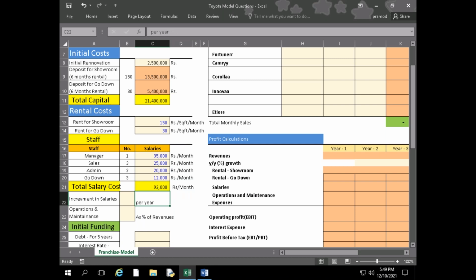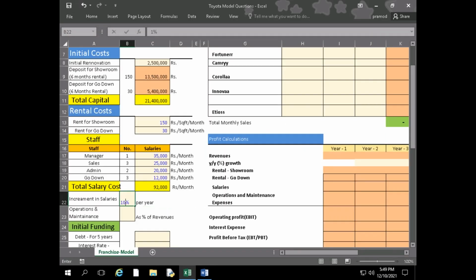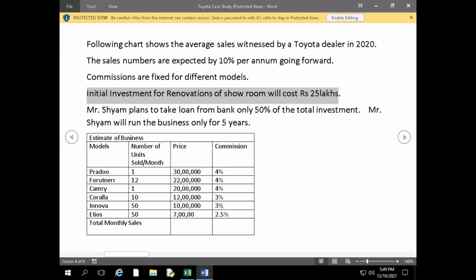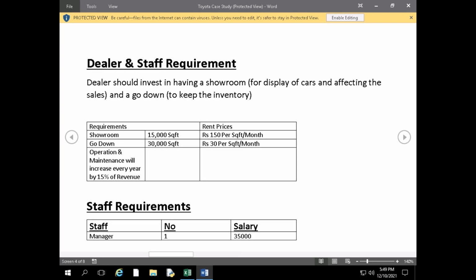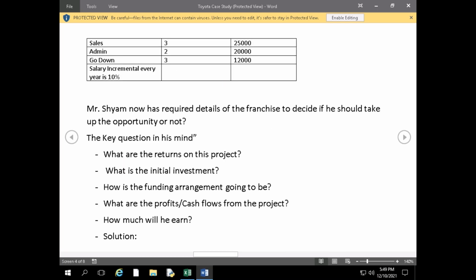Okay. So the increment in salary should be 10%. Operation and maintenance, 15% every year.